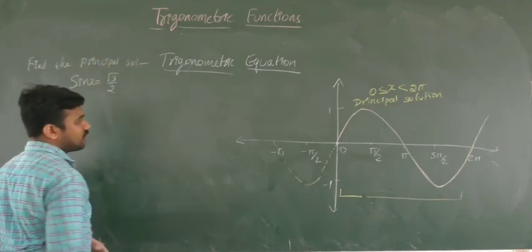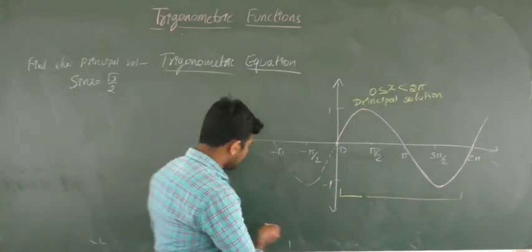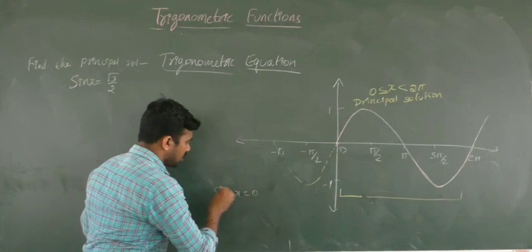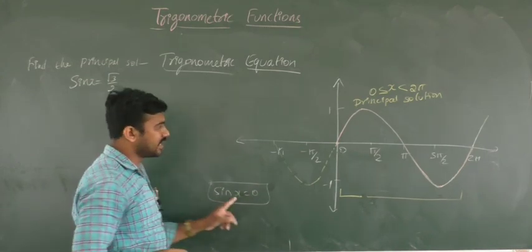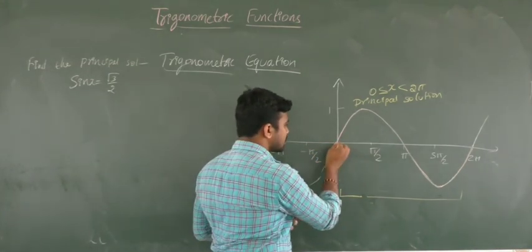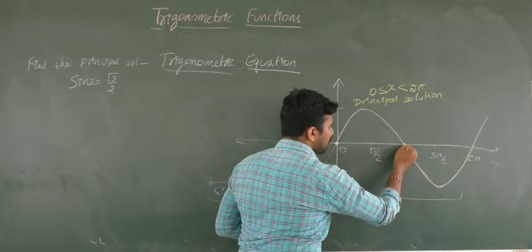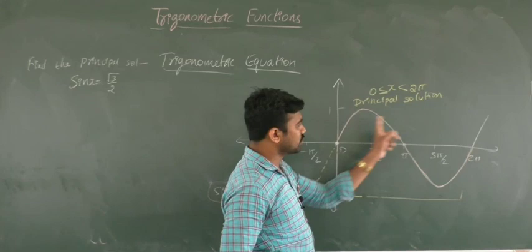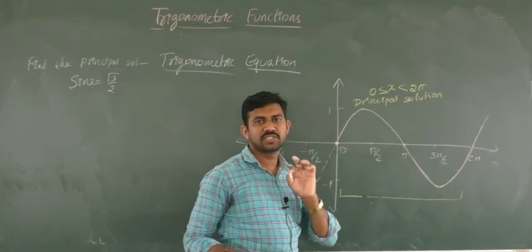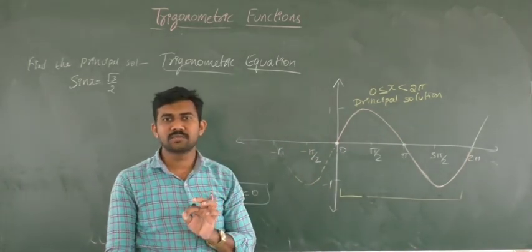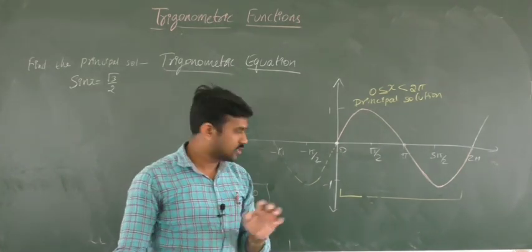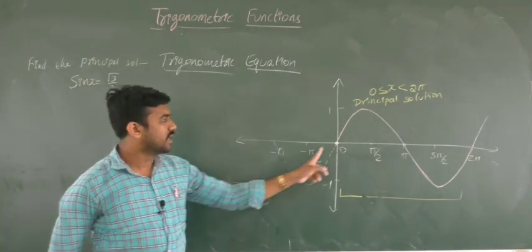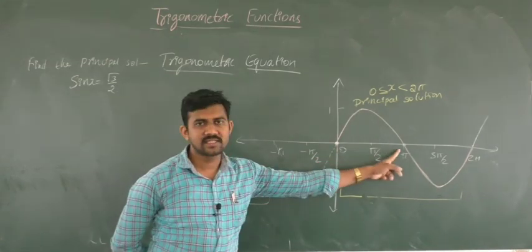Okay, so for example, consider sin x is equal to 0. When does sin take the value 0? If you consider 0 and pi, here 2 pi is not included. Between 0 and 2 pi we will get only two solutions, and those two solutions are called principal solutions. So the principal solutions of sin x is equal to 0 are x is equal to 0 and x is equal to pi.